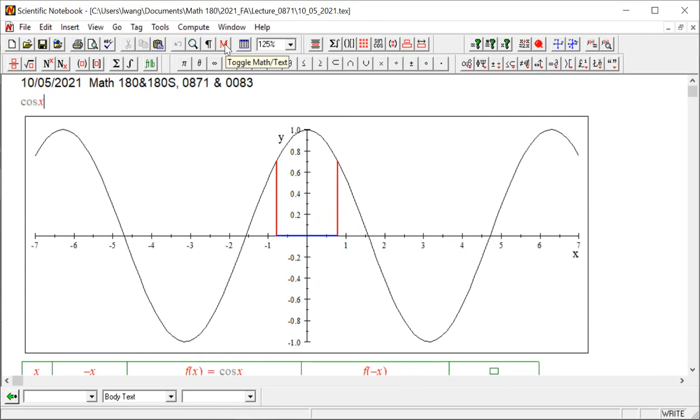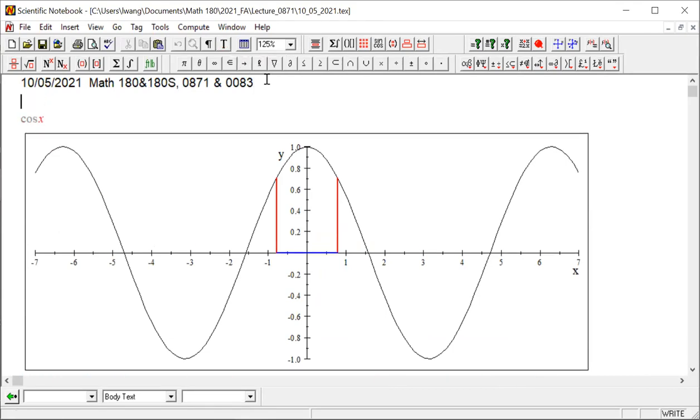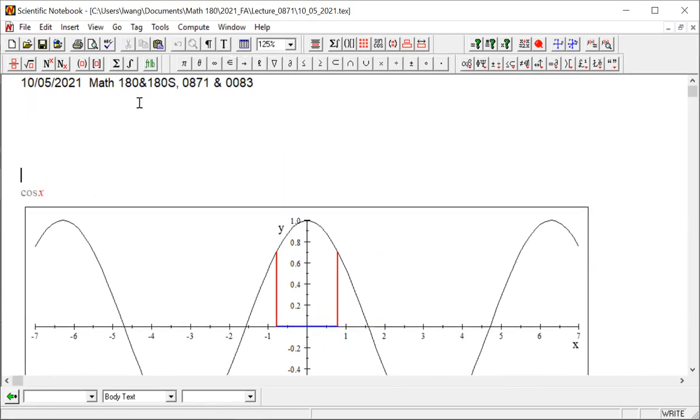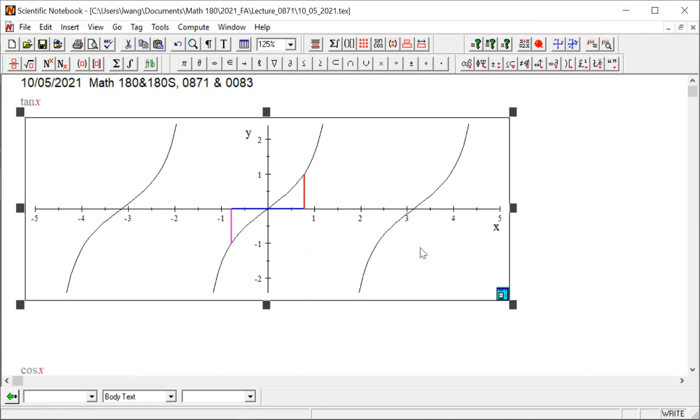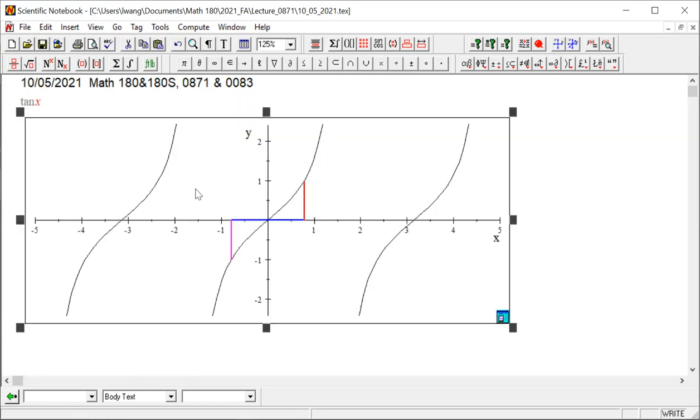Let's look at the tangent. Tangent x, right? So this is the tangent curve. So tangent is also odd. So the scenario is the same. Let's look at the algebraic representation.